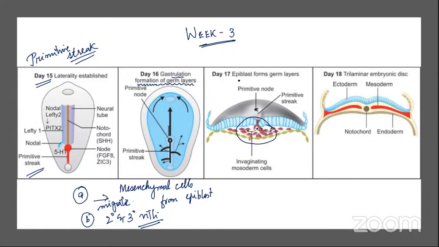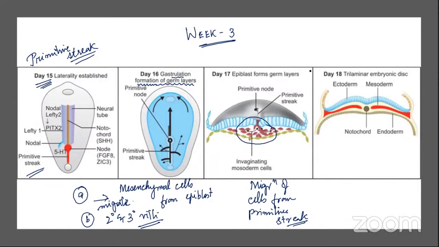So this is the migration of cells from the primitive streak. If someone is asking you, when is the formation of primitive streak? Your answer should be day 15 of intrauterine life.